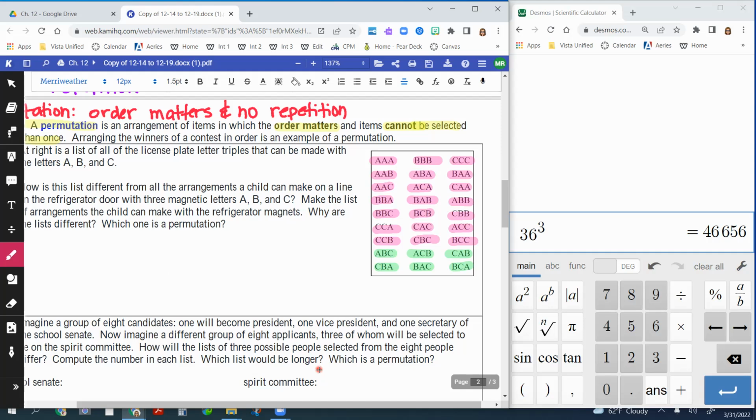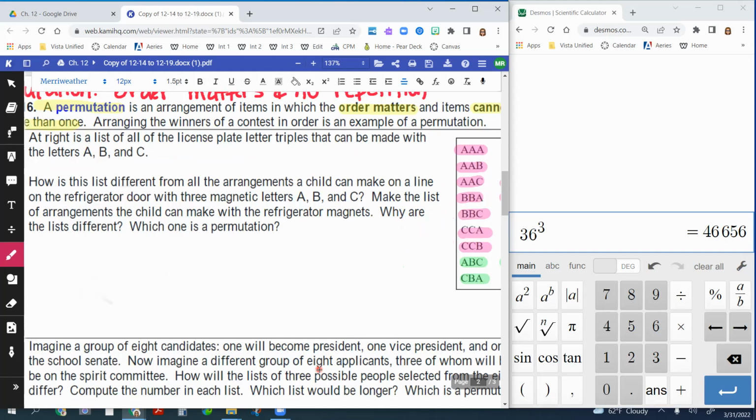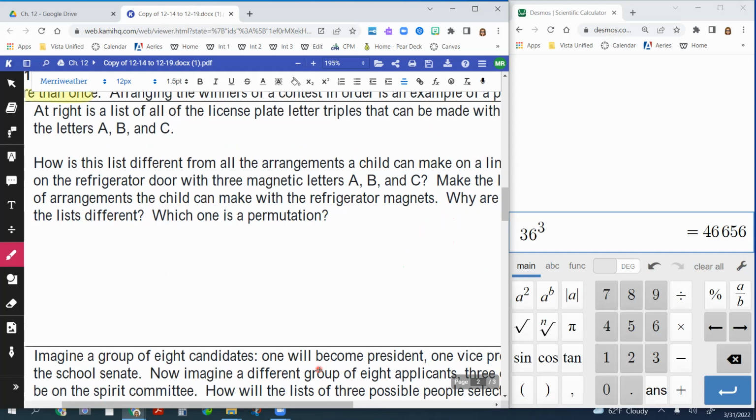So if a child has 3 magnets, an A, B, C, and they're trying to make air quote words, because a lot of these are not words, only one of them would be a word. Again, order matters, and there is no repetition allowed.